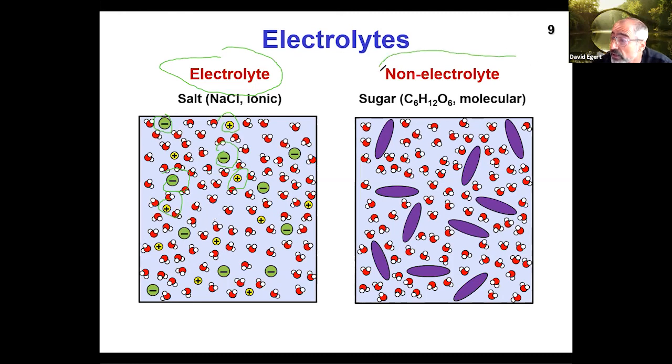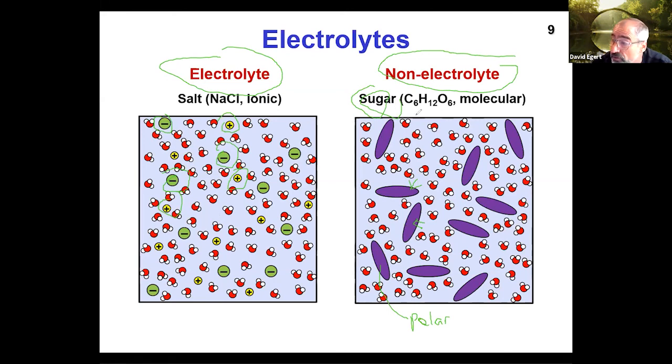Whereas non-electrolytes, something like glucose, it will dissolve because these are polar molecules. If they were not polar, it would not go into solution. They're polar, but they don't break apart. They do not dissociate. So however many sugars you put in, that's how many particles you've got.